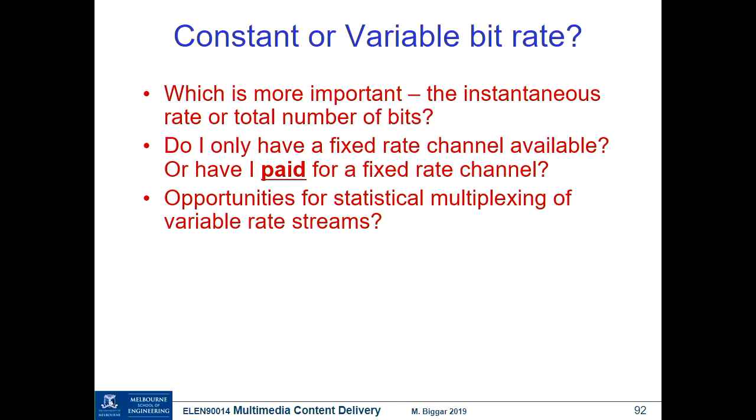So if we have multiple sources that are varying in rate, but we're able to combine them together on some bearer, on some network, then because they don't all have the peaks at the same time, they tend to smooth out somewhat. I've got a graphic to show that, I'm pretty sure. Yes, there is. Next one.